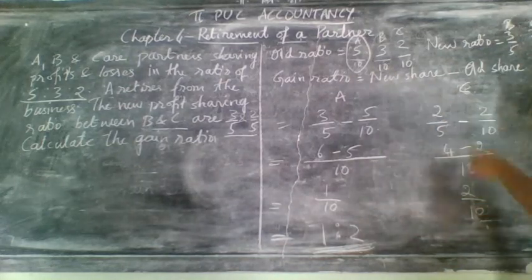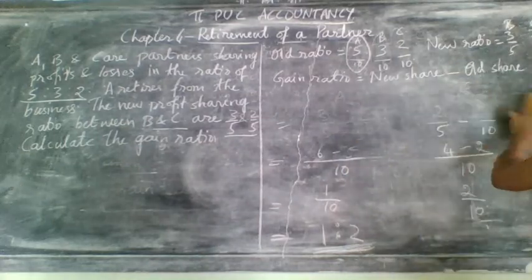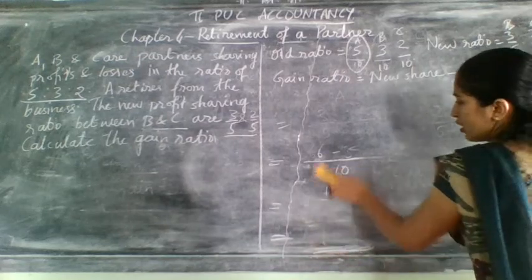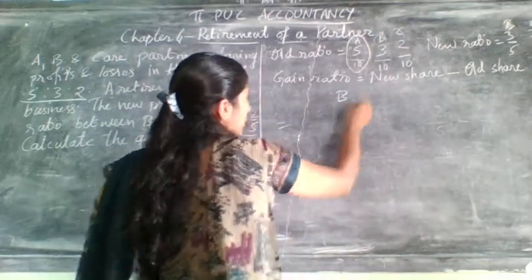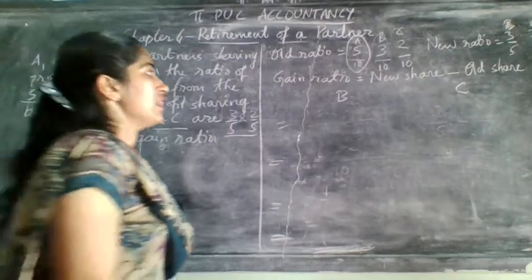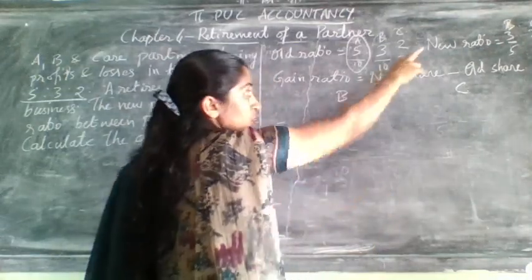Now write the formula. Gain ratio is equal to new share minus old share. After writing that, what is the next step? Write the partners' names. The partners' names are B and C. Now after writing, take B's new share.